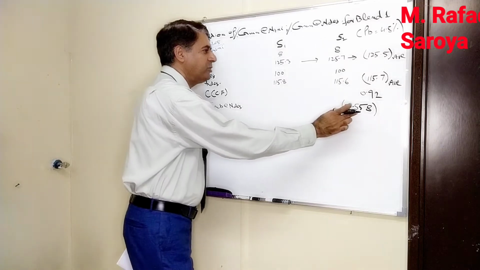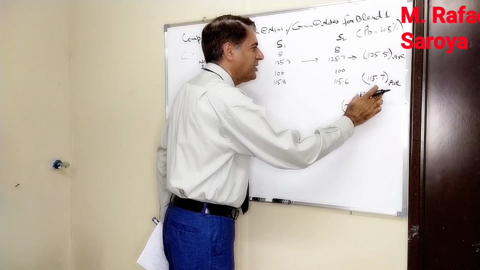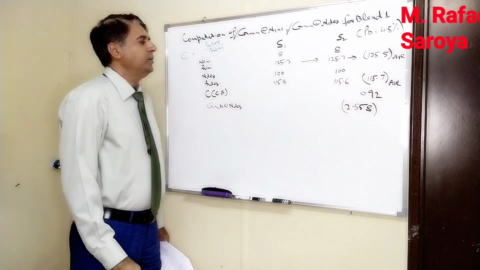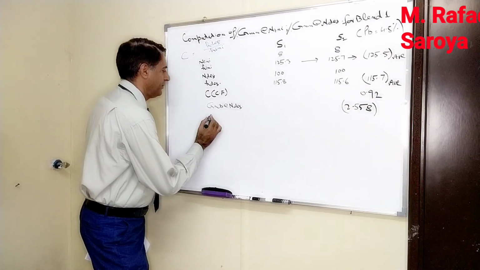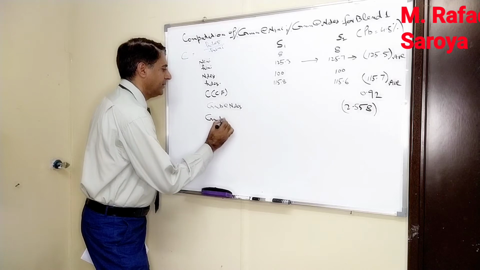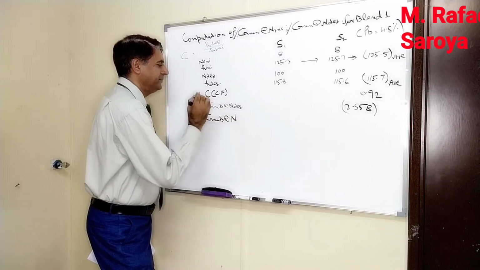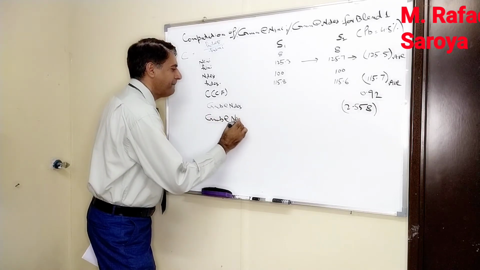When this value is known to me and this value is known to me, then we can find the value of Gmb at N initial.